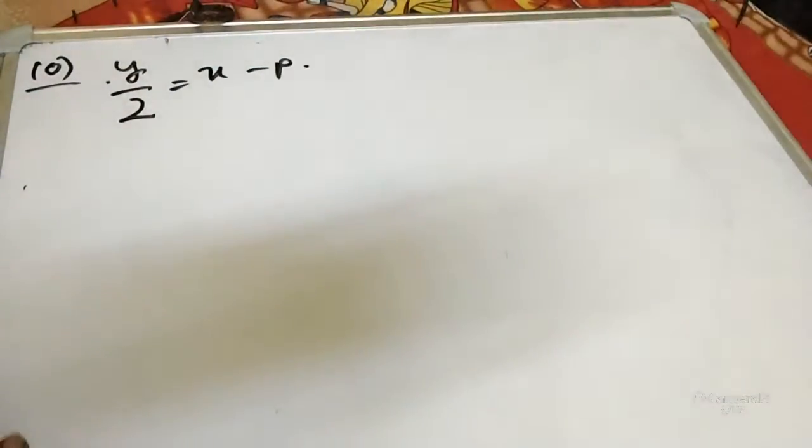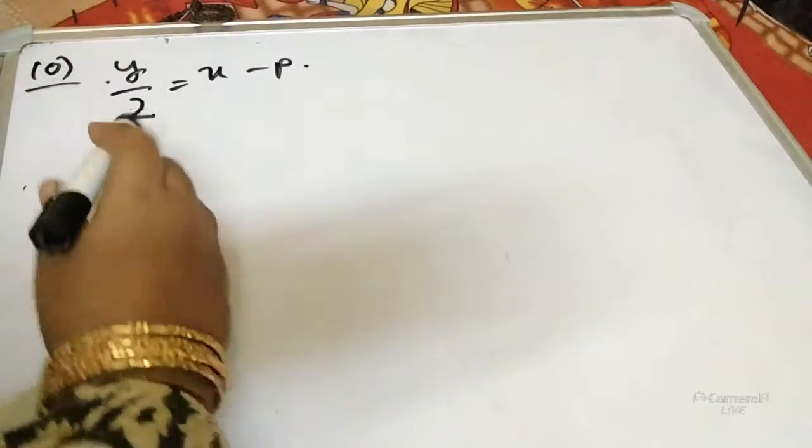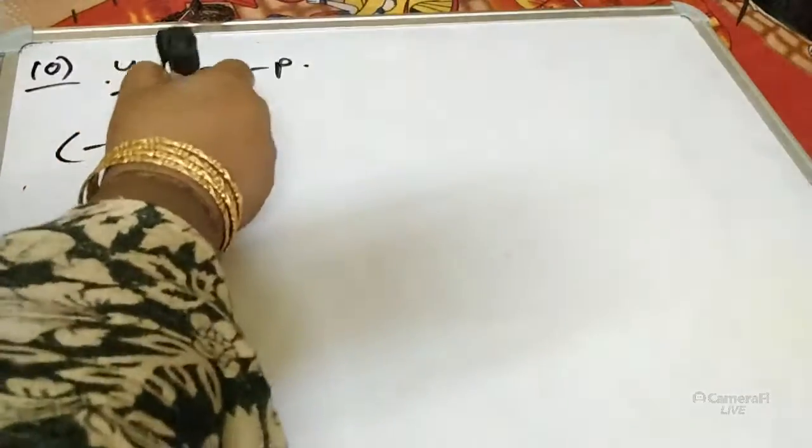We have to find out the value of p when the line with this equation passes through point minus 4, 4.